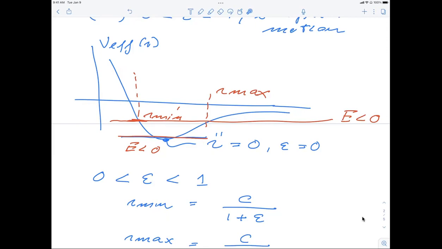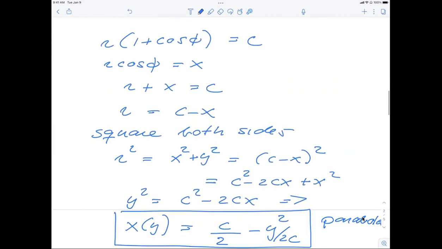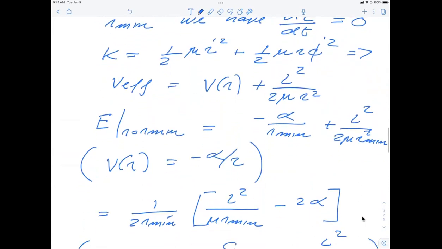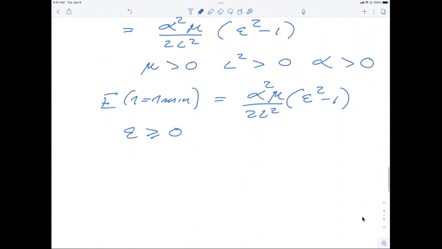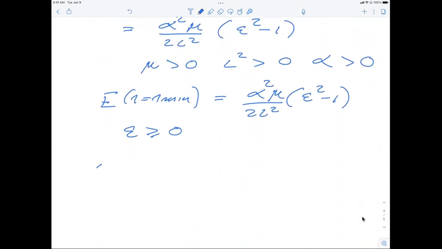So if we now go back here and look at the case which we have, if the energy is less than 0, so if E is less than 0, we have already analyzed the case where epsilon is 0. That gives us circular motion. So the case which we are interested in now is epsilon larger than 0, but smaller than 1. So that's the first case.